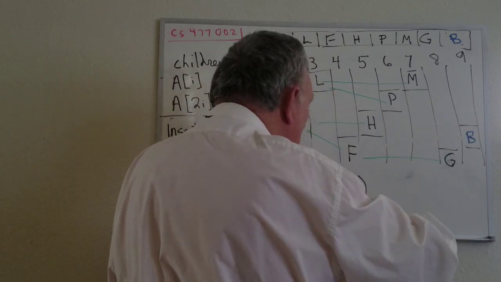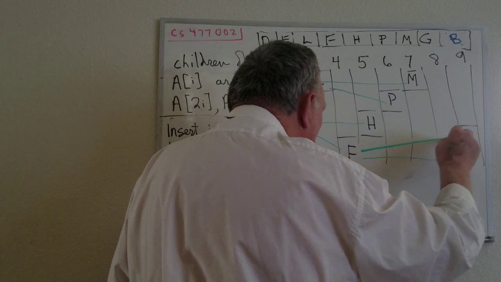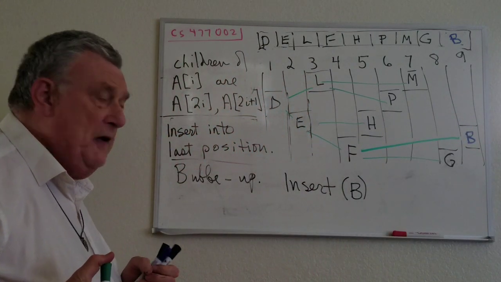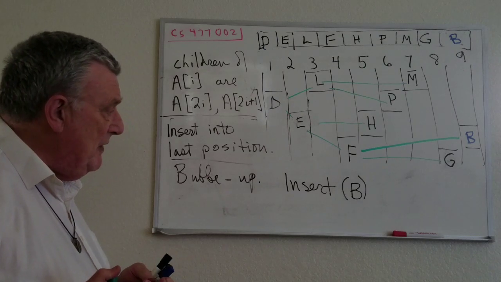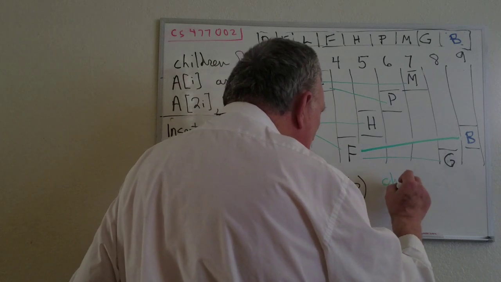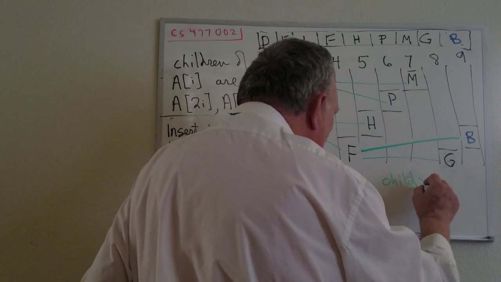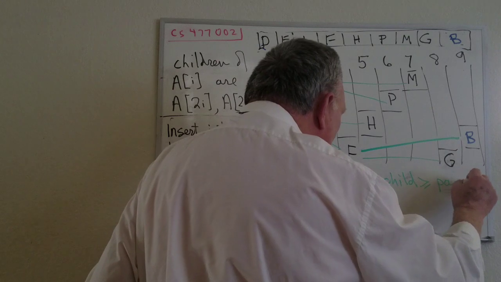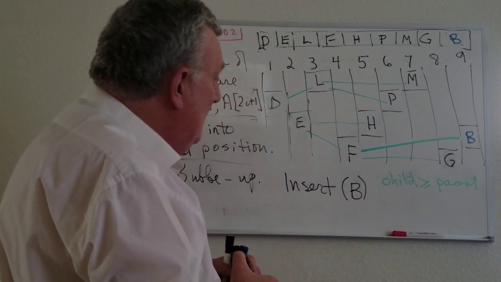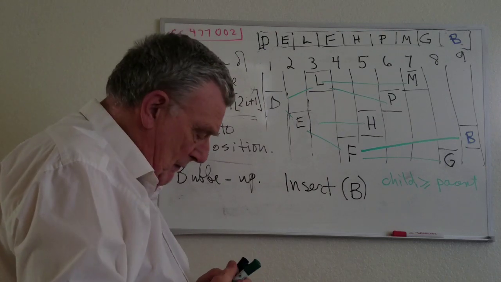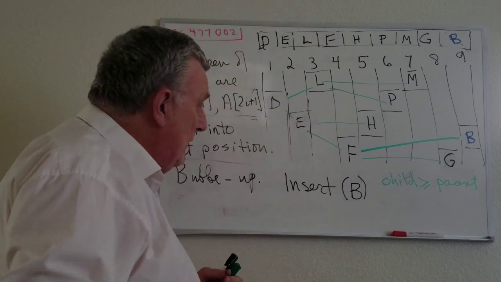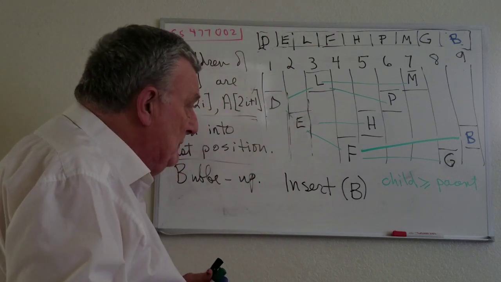But you can see right away that there's a problem. The binary tree is no longer in heap order because the rule has to be that the child is greater than or equal to the parent. And it's not. This child is less than the parent F. So the bubble up means that the new item continually swaps with its parent until it's in the right position.